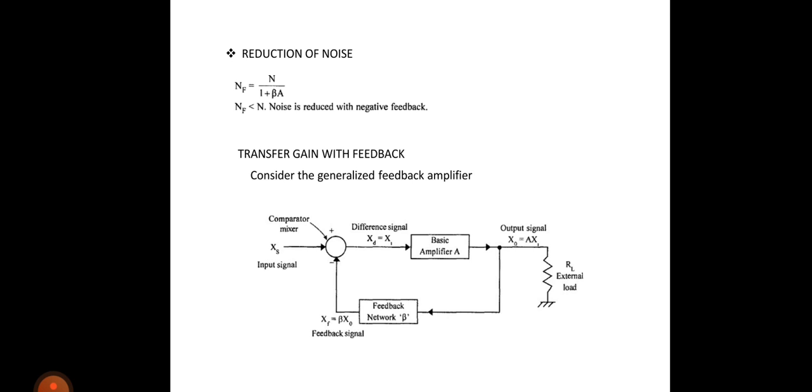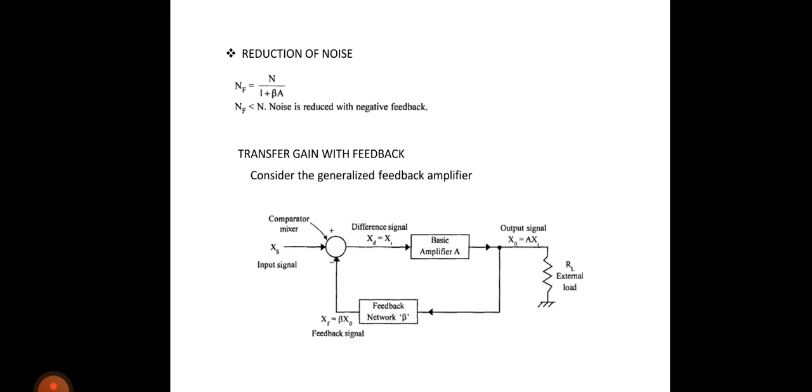Next, transfer gain with feedback. Let us see what the AF value will be. With negative feedback, we should get AF equal to A divided by 1 plus A beta. Consider the block diagram as shown in the figure.